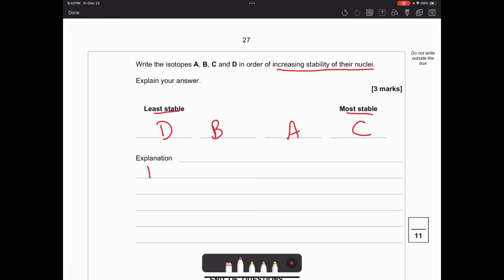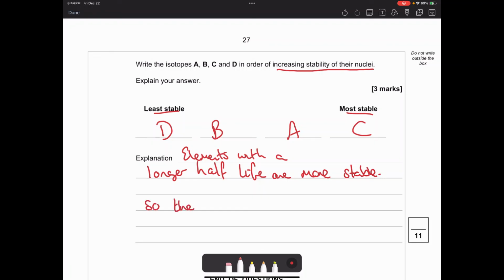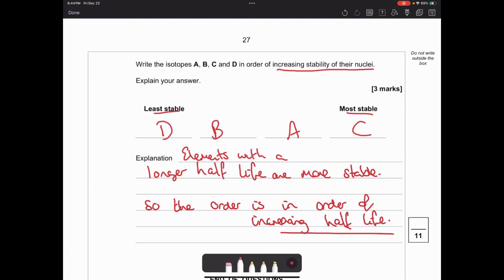Explaining it, as I said, elements with a longer half-life are more stable. So the order is in order of increasing half-life. And that's how you would get to the answer here.